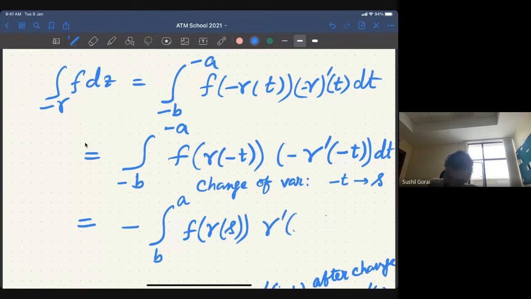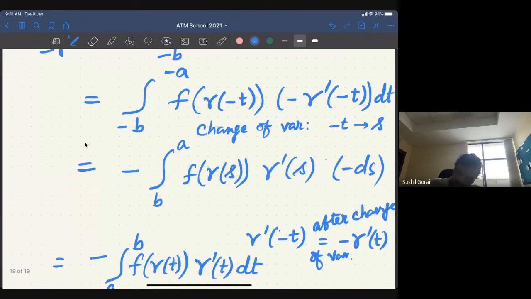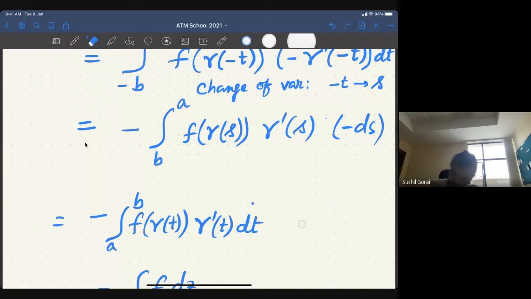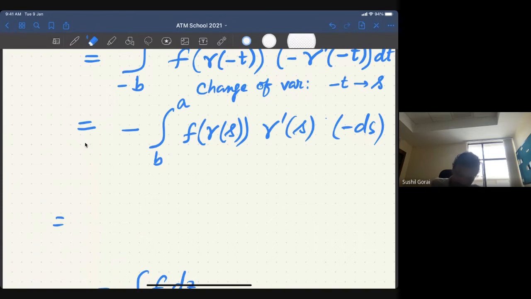Gamma prime of s, and here will be on a minus ds. So this is not true. We are not taking derivative after change of variable. So this one will give you a to b, and there's minus.